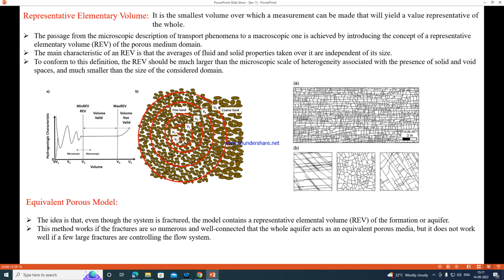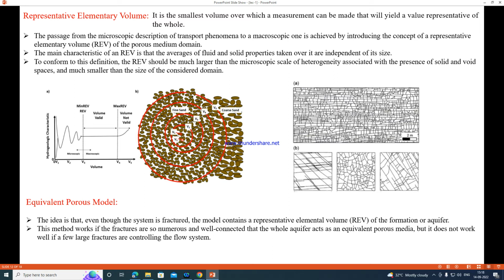When you move this volume to another place, there is no porosity here, so it is minimum. It is fluctuating in a large manner. But when you increase the size to V2, there is some porosity. When you shift this circle to another place, here there is more porosity. At one place it has more porosity and at another place it has less porosity. It should not be like that.